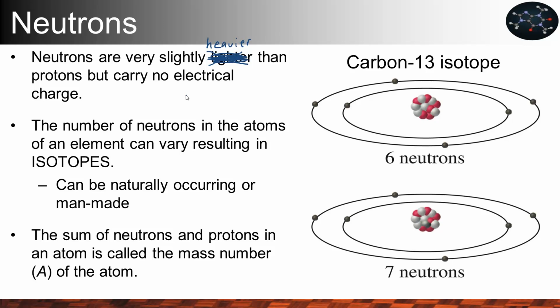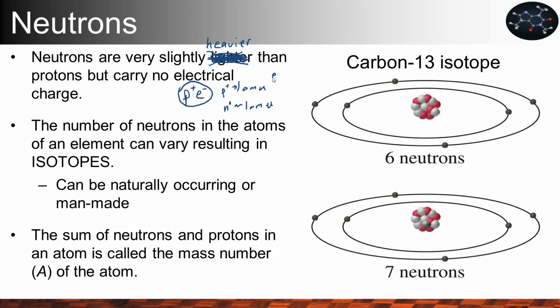You can basically think of this as almost a proton and electron kind of stuck together. Protons have that approximately 1 AMU size. A neutron is a little bit bigger, but still about 1 AMU.